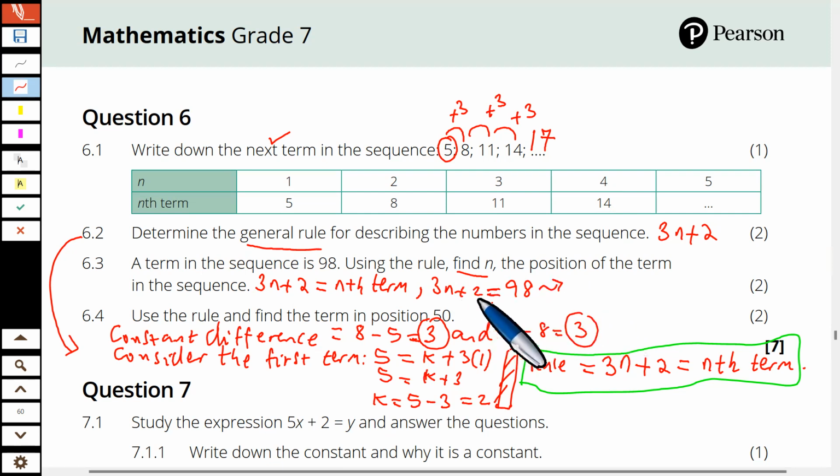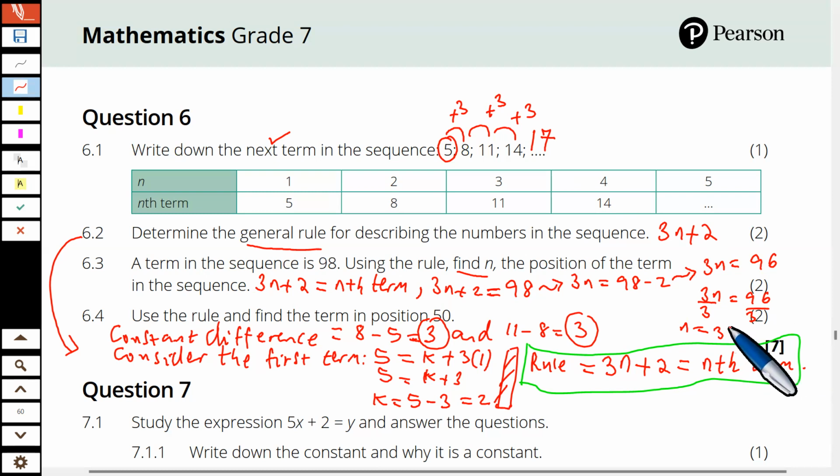So you transpose the 2 to the other side, it becomes 3n is equal to 98 minus 2. And 98 minus 2 is the same as 96. If you have 3n is equal to 96, you divide by 3, which means n is equal to, if you divide 9 by 3, it becomes 3.